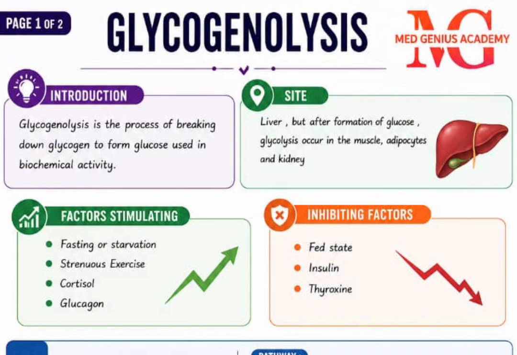Again, lysis means breakdown, so glycogenolysis is the breakdown of glycogen for other biochemical activity, like formation of glucose and use it for ATP. You get it now? So very simple.